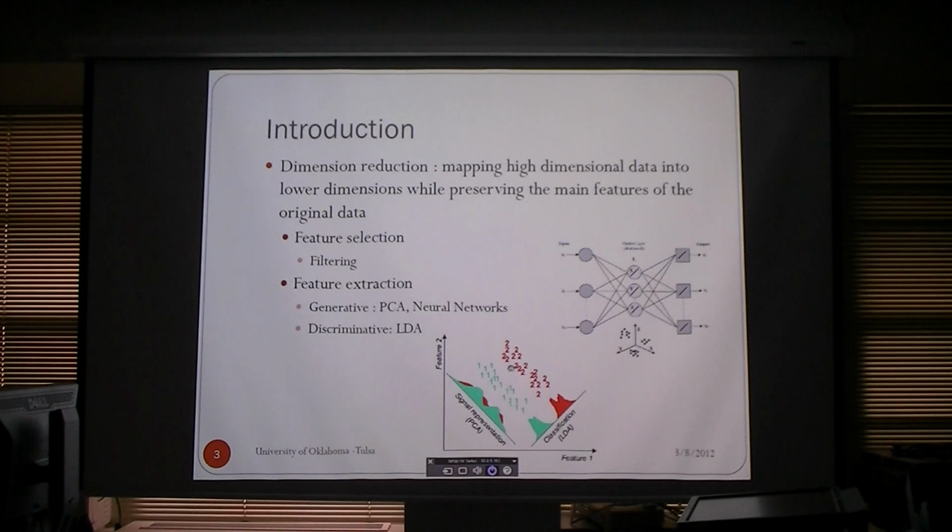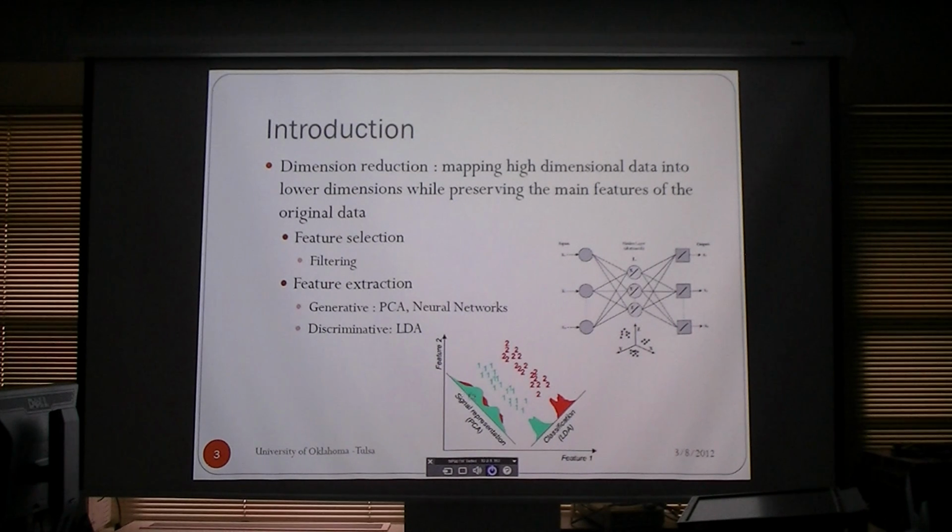And for discriminative, something like linear discriminant analysis. For example, in PCA, we try to map the data onto some bases that show more information about the data.